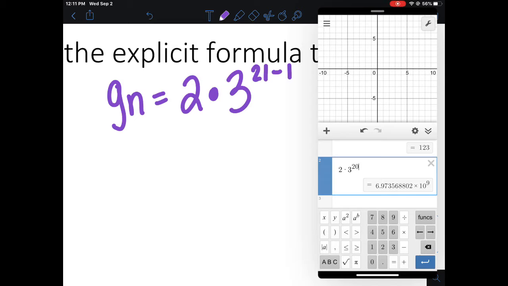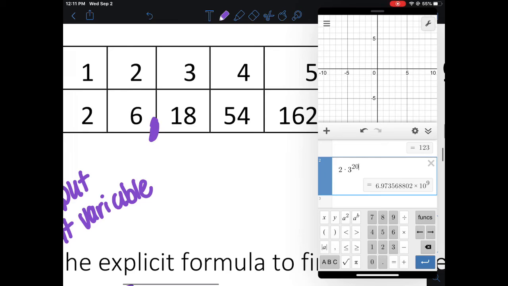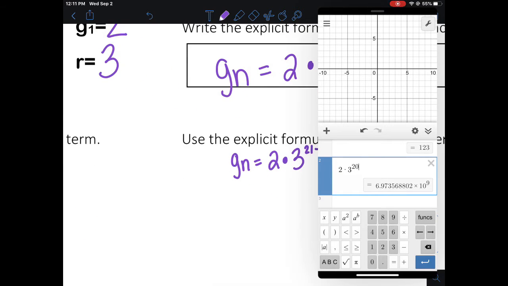Now notice I have 6.9. Well, if I'm looking at my sequence, it looks like I'm going up. So why all of a sudden do I have a 6.9? Notice that it says times 10 to the 9th power, meaning that I need to move the decimal over 9 spaces to the right.